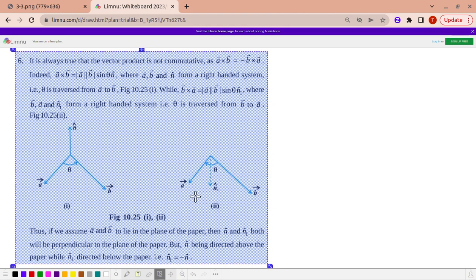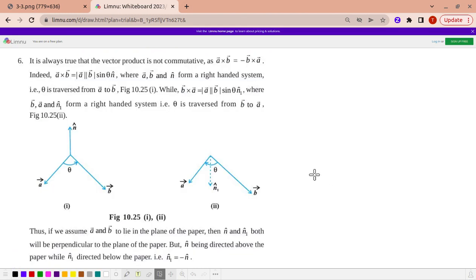Hence, vector product is not commutative. So we will see that a cross b is equal to minus b cross a. How? Let us see.